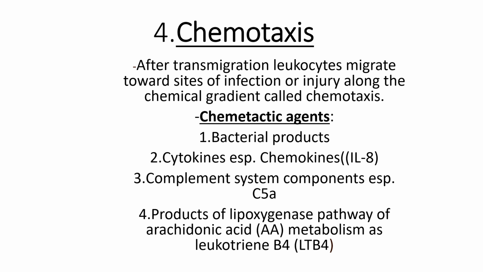The chemotactic agents include bacterial products, then cytokines, which are called chemokines, and products of the complement system, mainly C5a, and products of the lipoxygenase pathway of the arachidonic acid metabolism. The main one is leukotriene B4. So the chemotactic agents are the bacterial products, chemokines, C5a, and leukotriene B4.